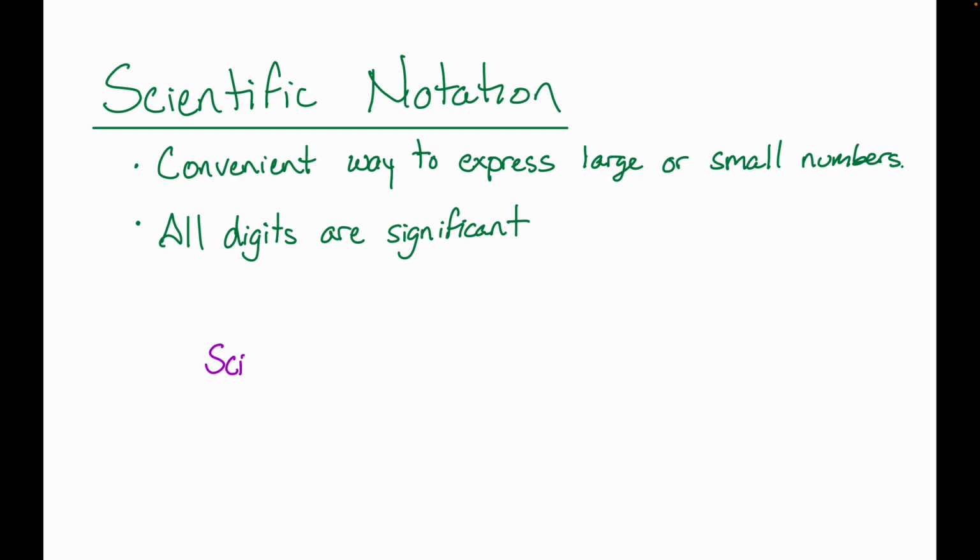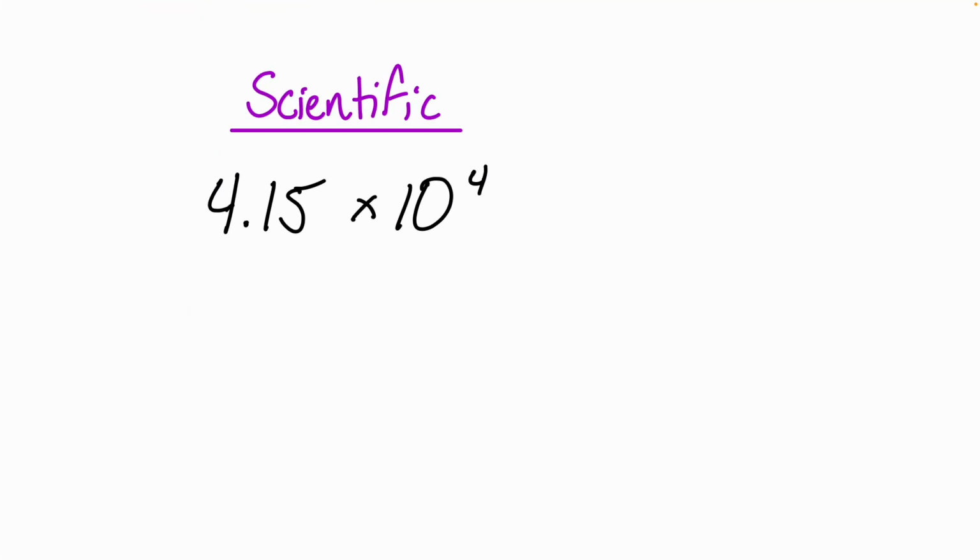An example of a number in scientific notation would be something like 4.15 times 10 to the 4th. This is considered proper scientific notation. There can only be one digit to the left of the decimal.